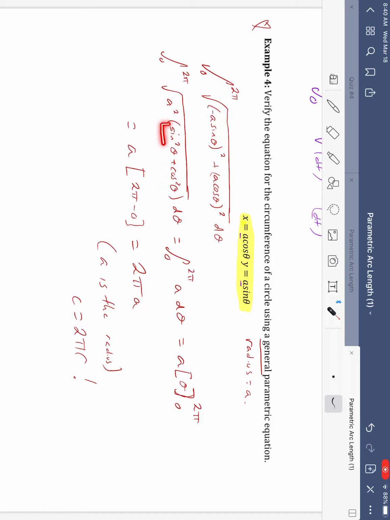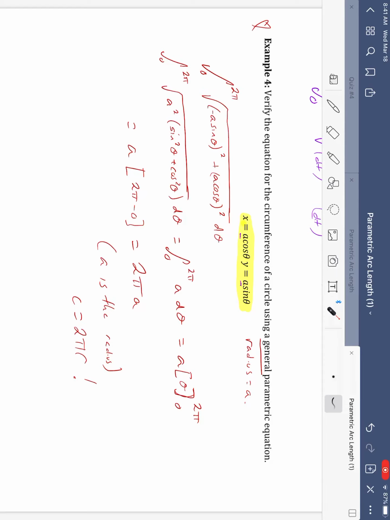I took the a squared out. Sine squared plus cosine squared is just 1, so this is just the square root of a squared, which is just plain old a. Antiderivative of a is a theta, because my variable is theta. Plug in for theta, you get the circumference equals 2 pi a. And remember, a is the radius, so the circumference equals 2 pi r.